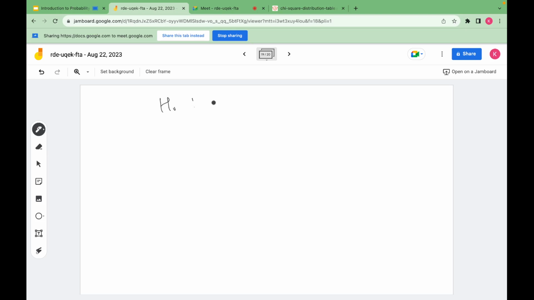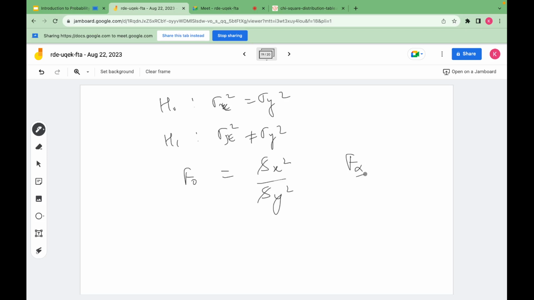When we claim that these two are equal versus not equal, we calculate a test statistic, sx square by sy square, and compare it with F alpha by 2, n1 minus 1, n2 minus 1. As it is not equal to, we use this two-tailed test.